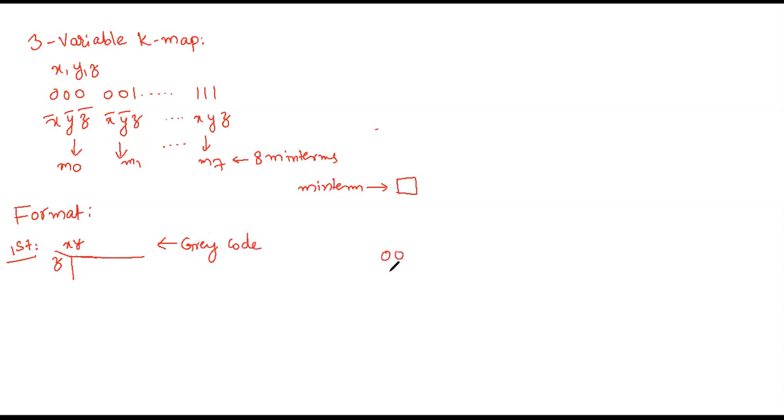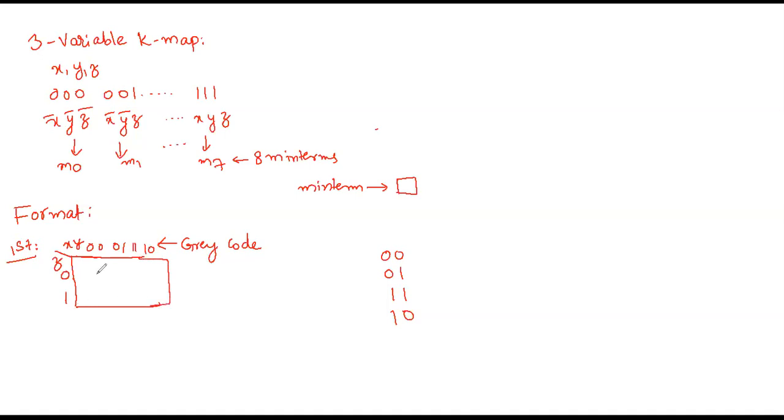In the gray code, the two variable sequence is 0 0, 0 1, 1 1, 1 0. This is the gray code sequence. Write down here 0 0, 0 1, 1 1, 1 0. Only Z is there. With the single variable Z, the gray code sequence is 0, 1 only.